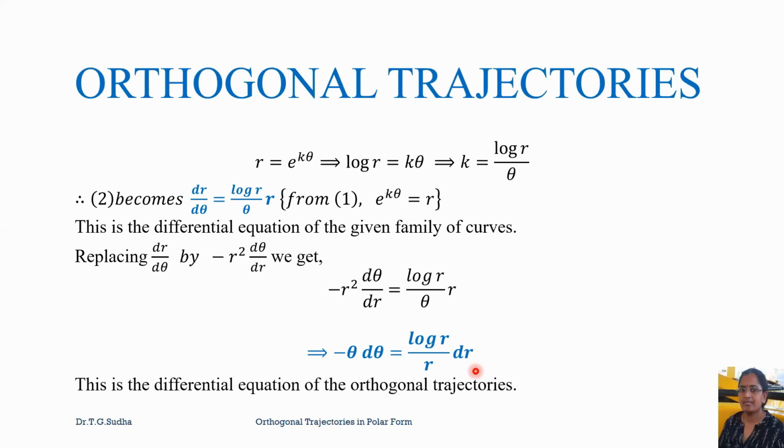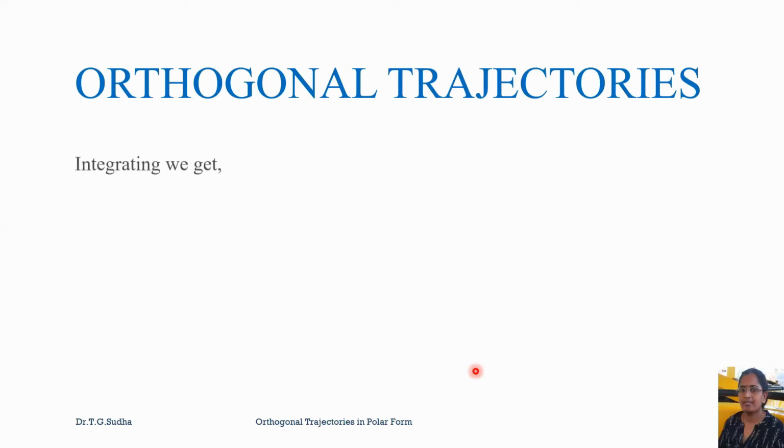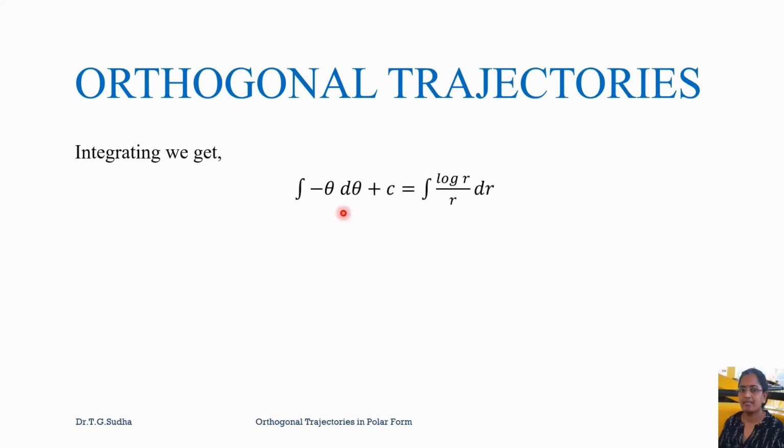Now to obtain the equation to the orthogonal trajectories, we need to integrate this differential equation. So integrating, we get integral of minus theta d theta plus c, the constant of integration, equal to integral of log r by r into dr. So on integrating, we get minus theta square by 2 plus c is equal to (log r) whole square by 2.